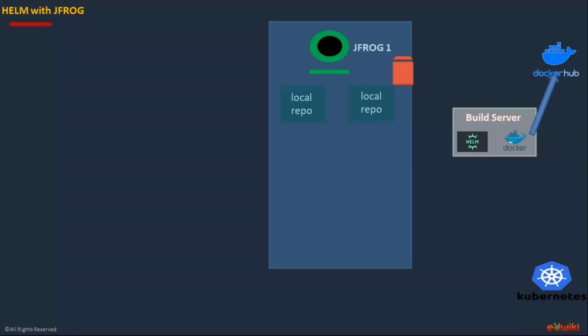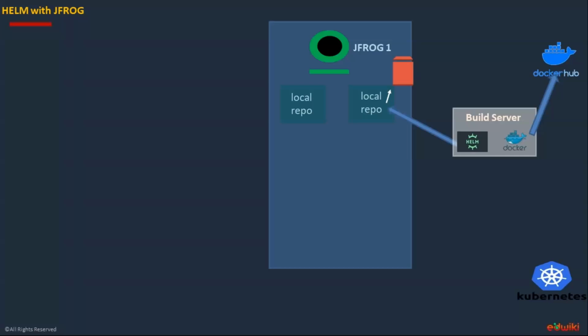That's the official term that we use. So I take one JFrog server and I create one local repository, and I'll keep my Helm chart in that local repository. Whatever you put into a local repository actually gets stored in the volumes that are attached to your JFrog.